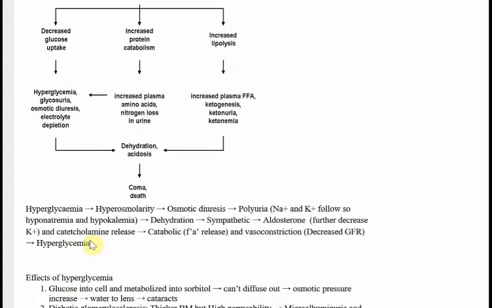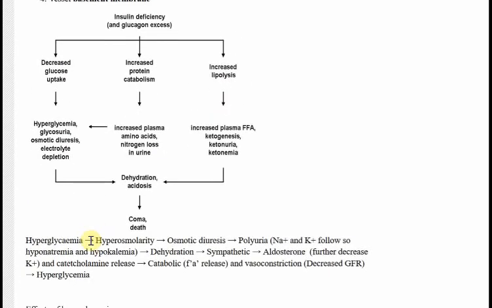Now what happens to the extreme spectrum of diabetes? So diabetic ketoacidosis, which as I said before, is more common in type 1 diabetes mellitus. You're insulin deficient. Remember, type 1, insulin deficient, type 2, insulin resistance. You're insulin deficient, so insulin is an anabolic hormone.